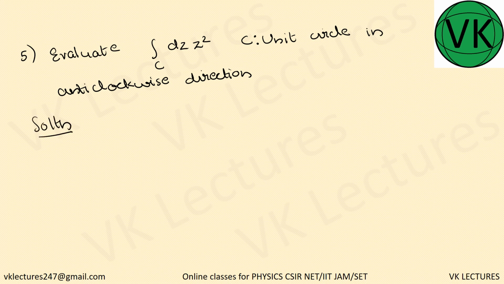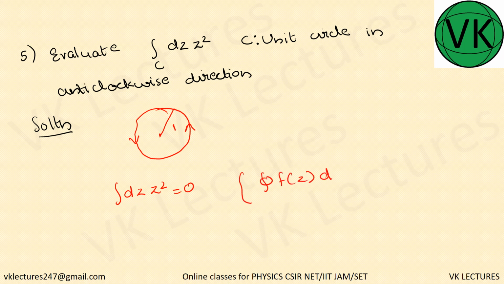First of all, we need to draw the circle with 1 as radius. So, integral dz z square is equal to 0. We know that the closed integral of f of z dz is equal to 0. Here, z square is an analytic function.